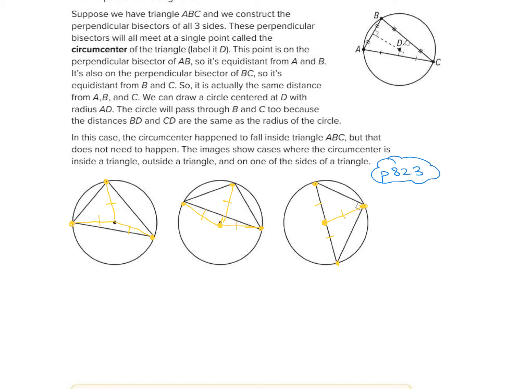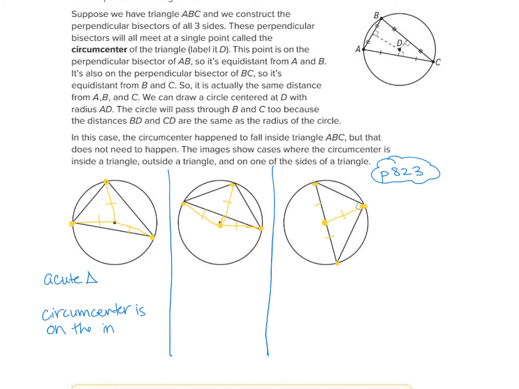So these 3 triangles have a circumcenter in a different location. Let's discuss that. The triangle in the first diagram is an acute triangle. That means all the angles are less than 90 degrees. And the circumcenter is on the inside of the triangle.